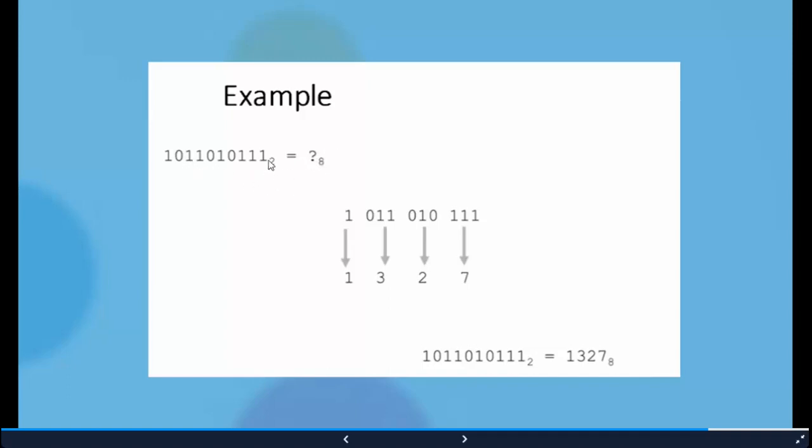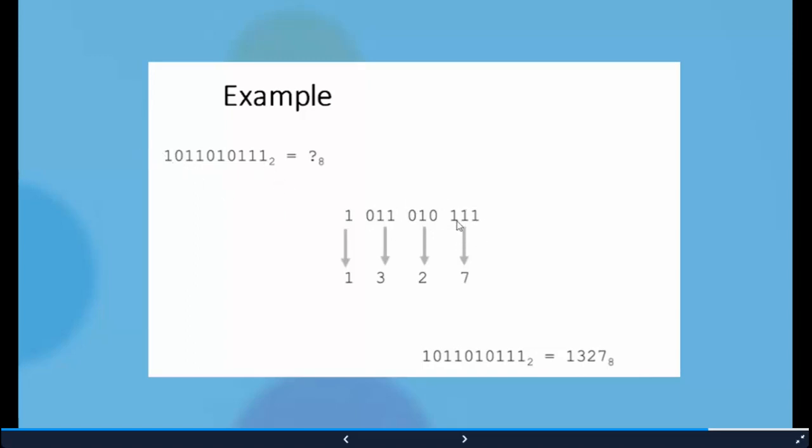But now you are given a binary number to convert to octal. What you do first is group it by 3 from the right. That's why you have 1, 2, 3, this is one group. And then 0, 1, 0. And then 0, 1, 1. And finally it's 1.